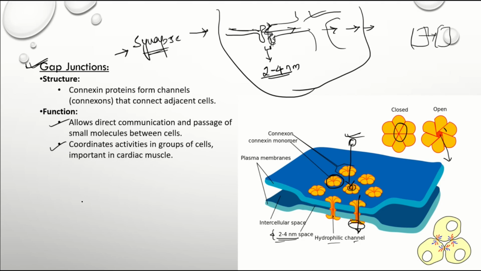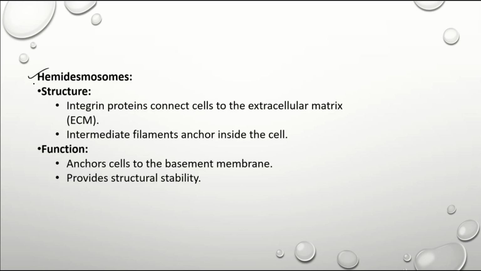Through the gap junctions, the electrical impulses can easily pass from one cell to another, and also the rhythmicity of the heart will be maintained, right? Why the rhythmicity? Because the contraction and relaxation have to be uniformly coordinated, in a rhythm. Therefore, with the help of the gap junctions, the electrical impulses can pass very fast and the rhythmicity of the heart can be maintained.